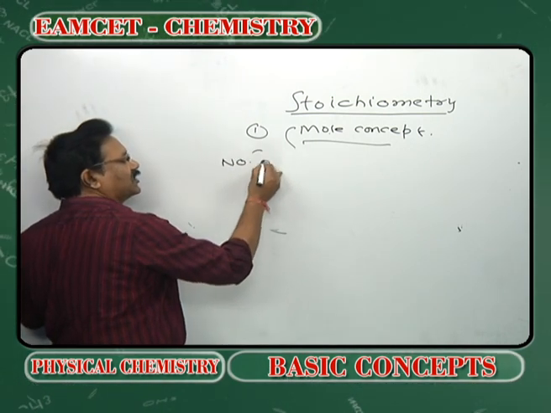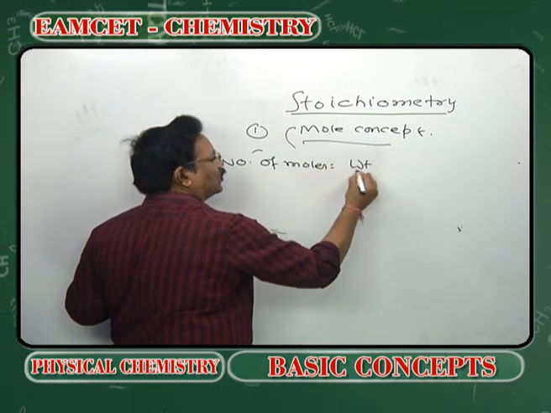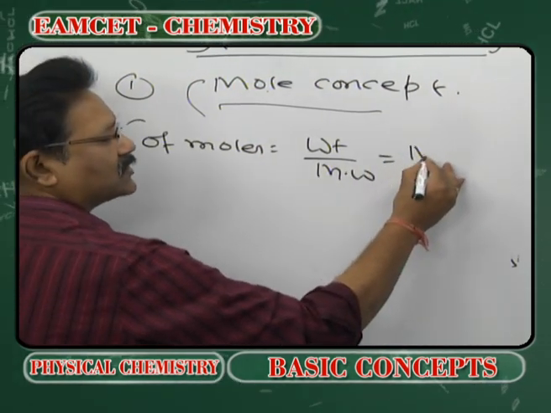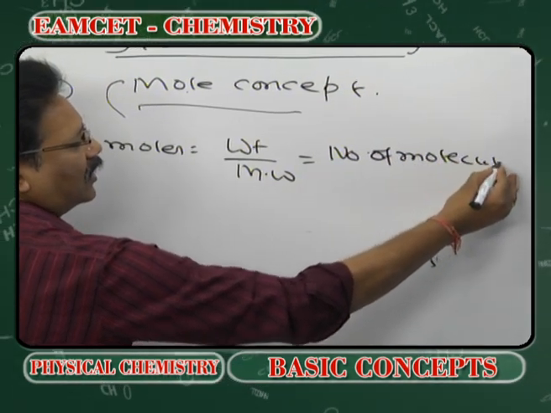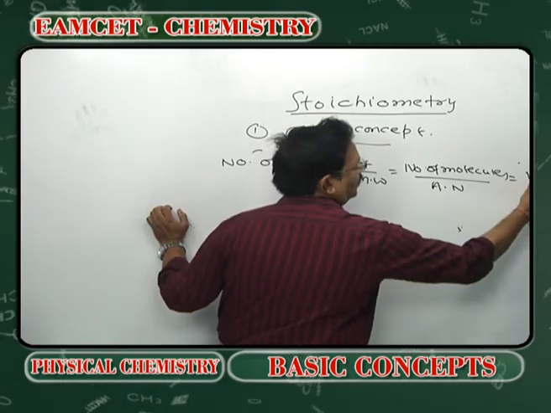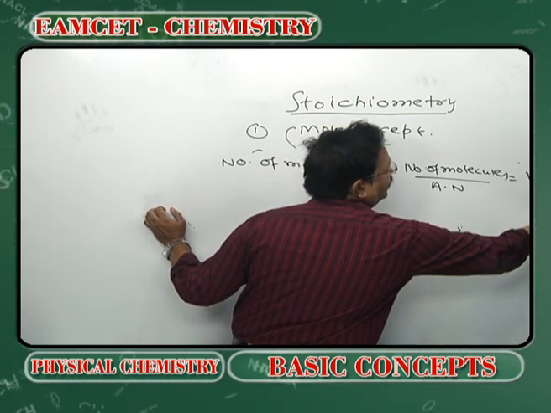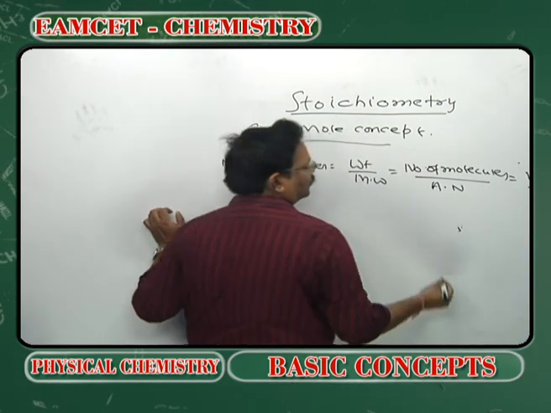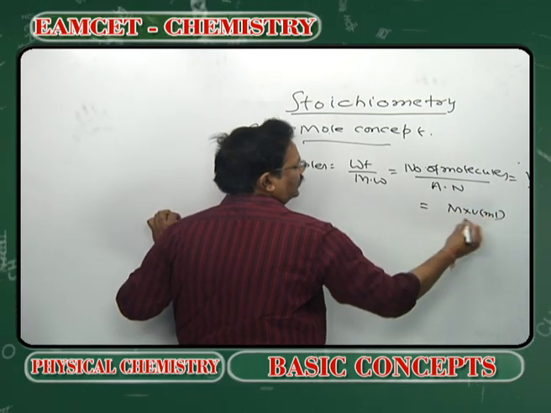Calculation of the number of moles: weight by molecular weight, number of molecules by Avogadro's number, volume of the gas at STP by gram molar volume, and molarity into volume in ml by 1000.